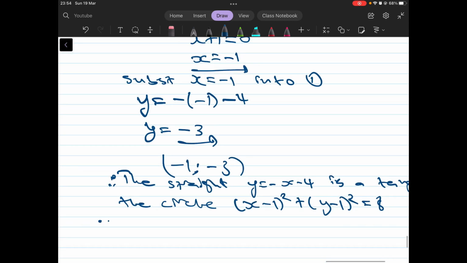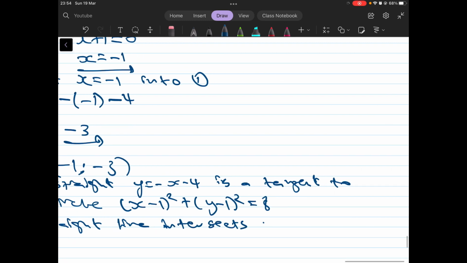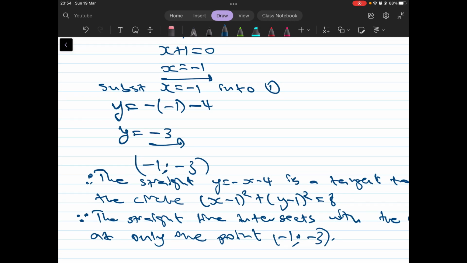The reason being, the straight line intersects with the circle at only one point, which is negative 1 and negative 3, not negative 3 and negative 1 like this. And then that's it. It's good enough. You've proven that there's only one point of intersection, and this is that point of intersection, and then you are done.